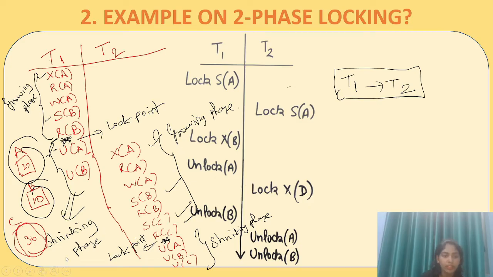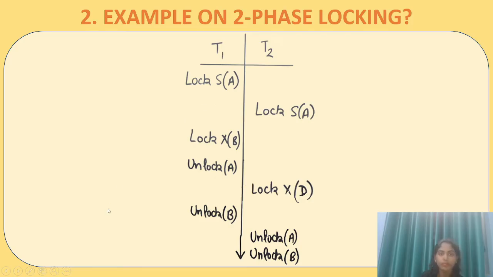Now again you can see over here there is a shared lock acquired on data item A and then an exclusive lock acquired on data item B. Since the shared lock is acquired in transaction T1, and shared locks can be held simultaneously on the same data item, T2 also acquires a shared lock on data item A. Both are happening simultaneously. T1 has not unlocked it.